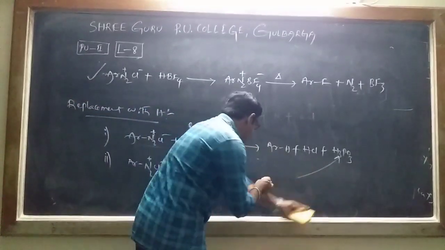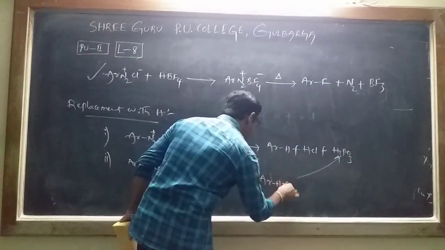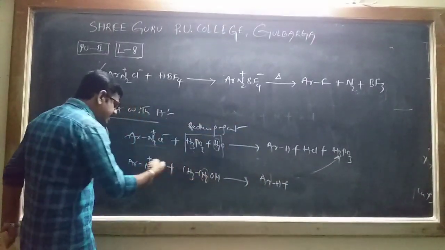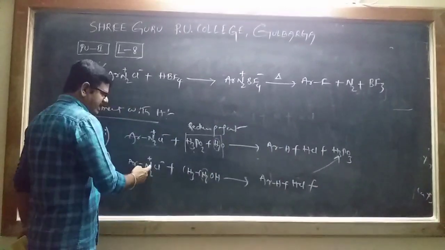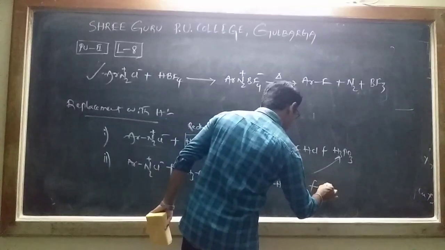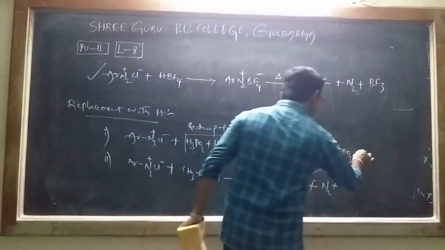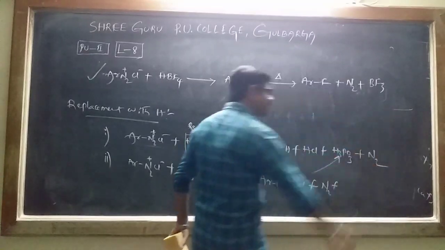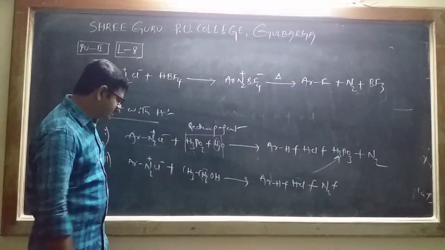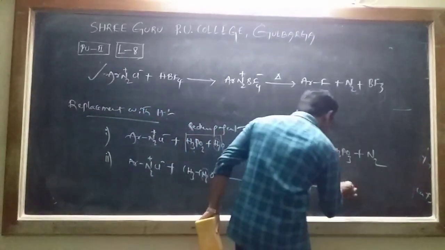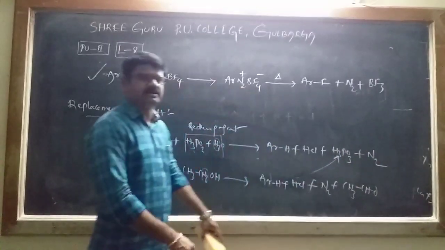You will get ArH, that is arene, and one more hydrogen and Cl form HCl. Of course, nitrogen is escaping, as in the previous case also.